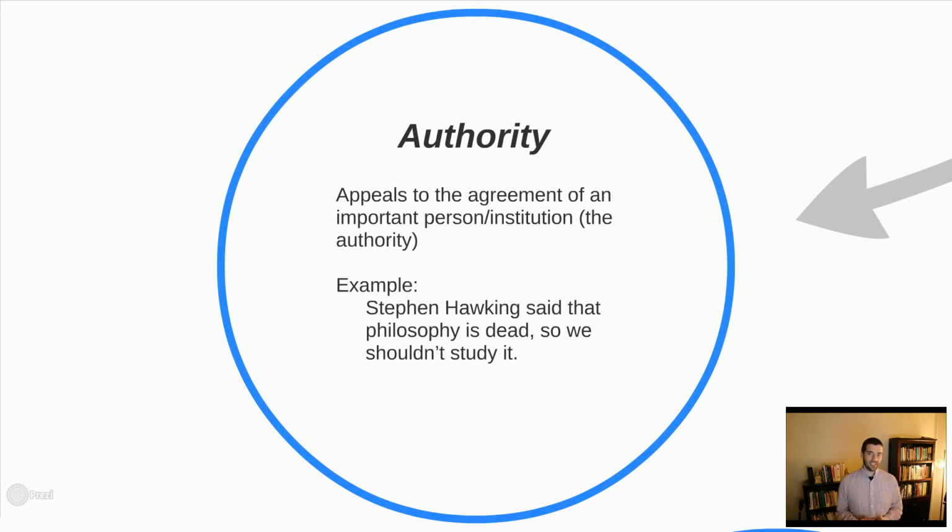Another interesting case where the appeal to authority is appropriate is when you have an authority figure who actually gets to determine the facts. One case where this might be relevant is something like the Pope. Under certain conditions, the Pope can make binding moral law. They can make a decree, and it is now law on heaven and earth, at least according to Catholic beliefs.